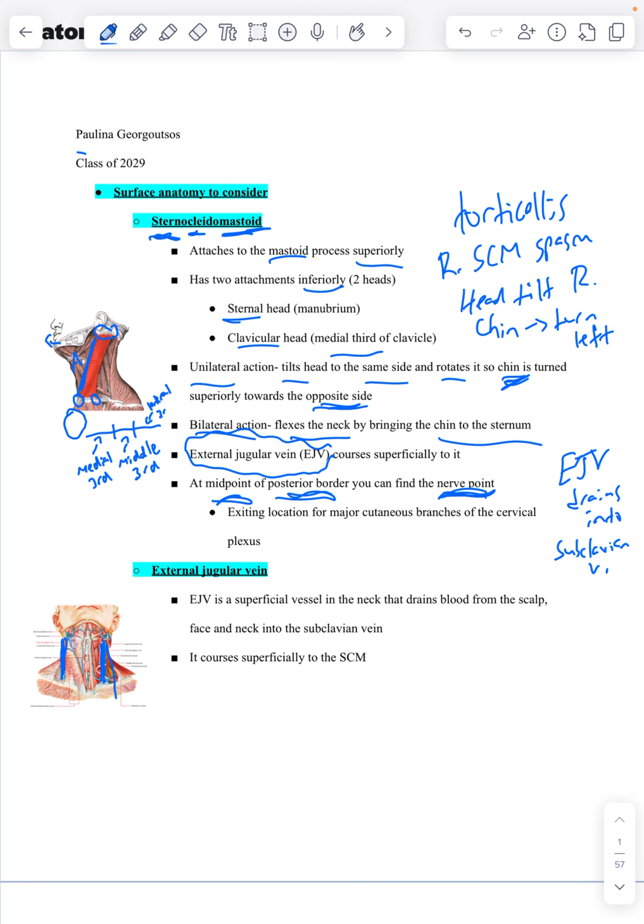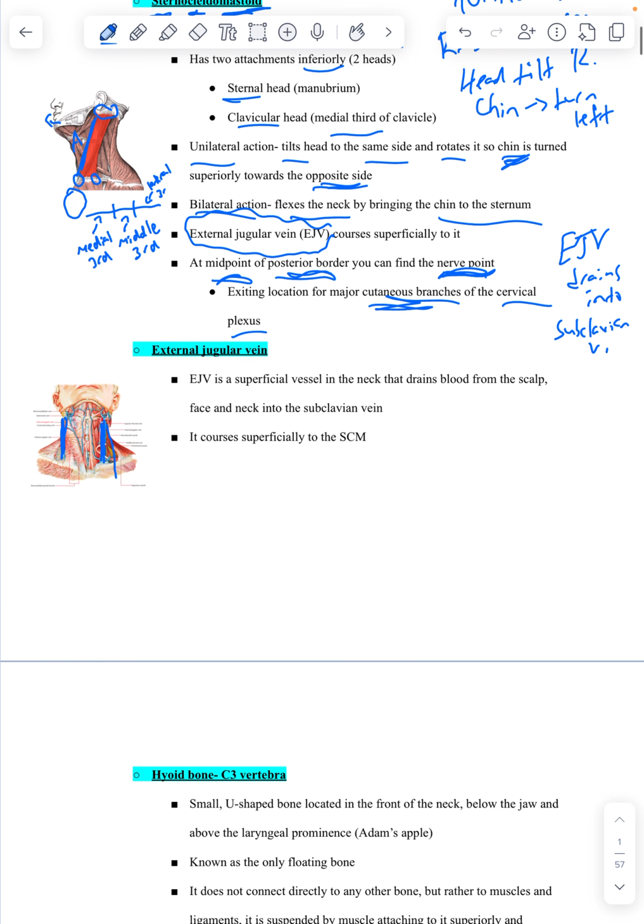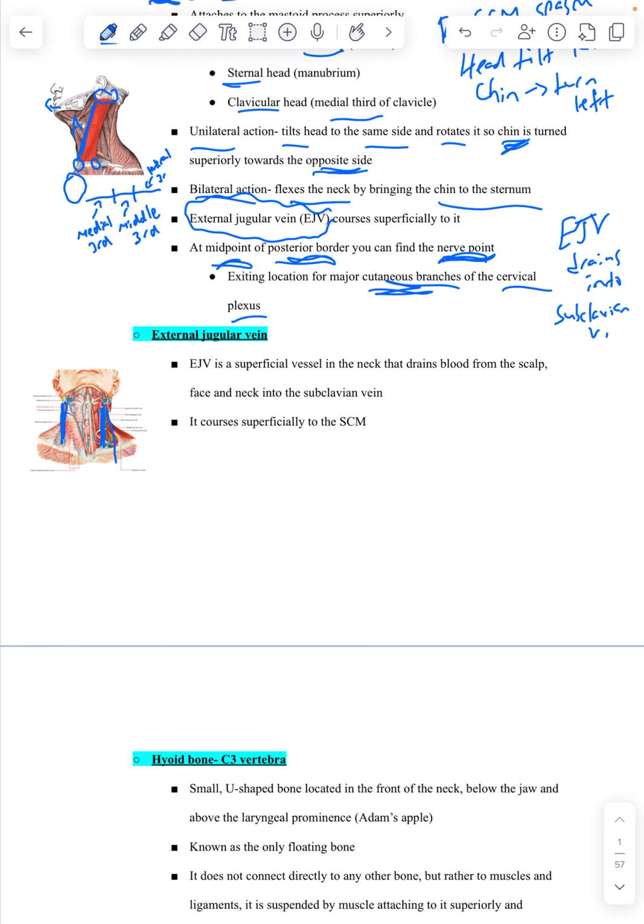So that's important, the location of it and the name of it, the nerve point, because you'll have a bunch of cutaneous nerves or branches of something called the cervical plexus, which we will also see in a little. So if you numb that area, if you anesthetize that area, you can get a bunch of nerves all together at once. So external jugular vein, superficial vessel, drains blood from the more external stuff, so like scalp, face, and neck.